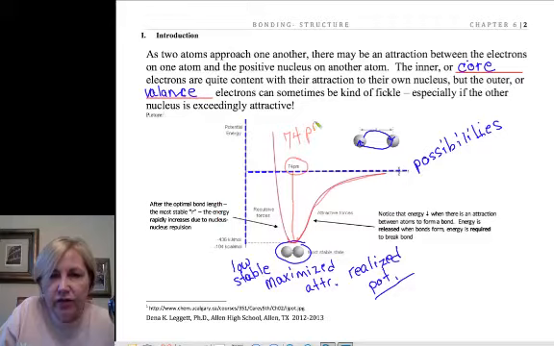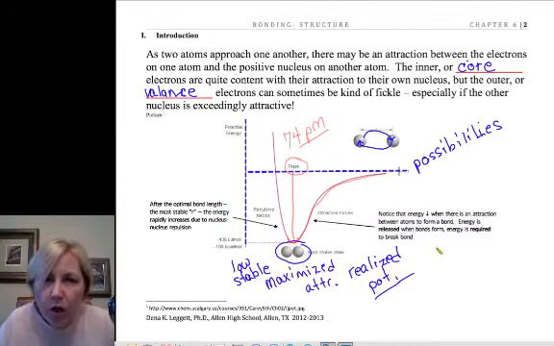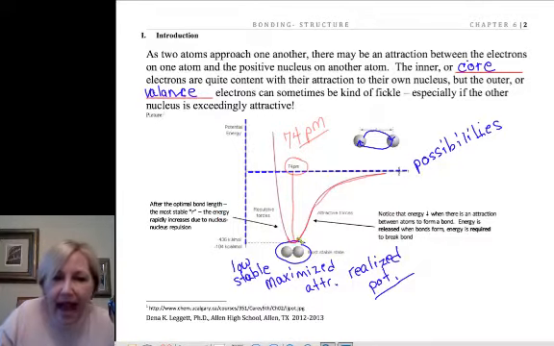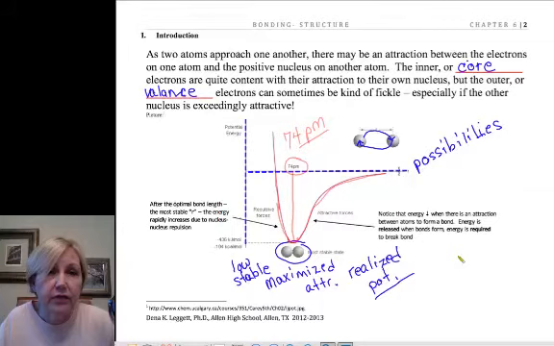We did that in the last unit as well. So that minimal potential energy, which is the optimal attraction, is where our bond length is to be found. Past that, you're getting the atoms so close together that it starts to quickly experience repulsion due to the two positive nuclei.